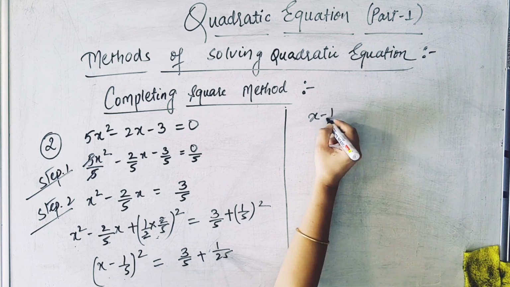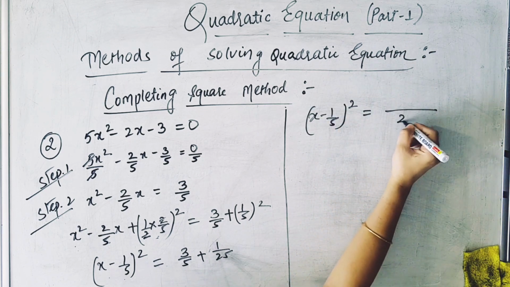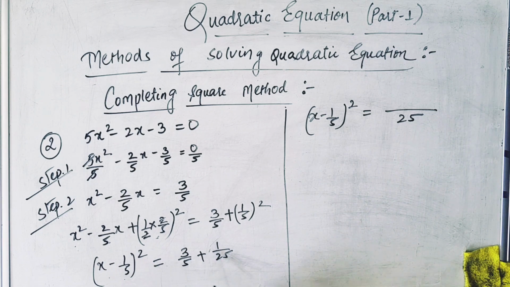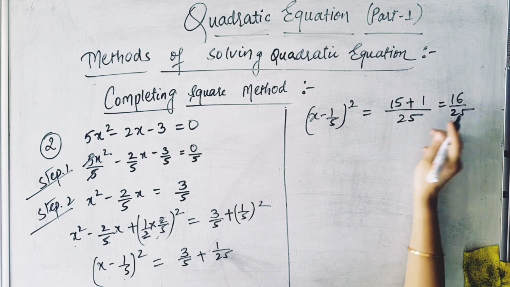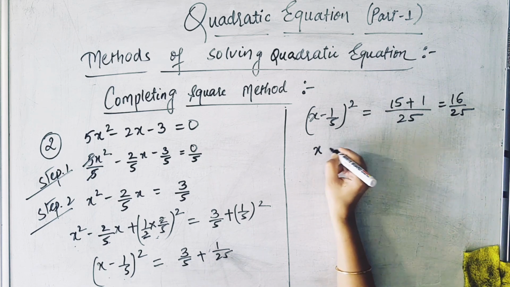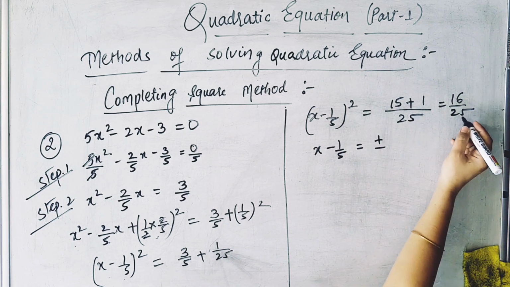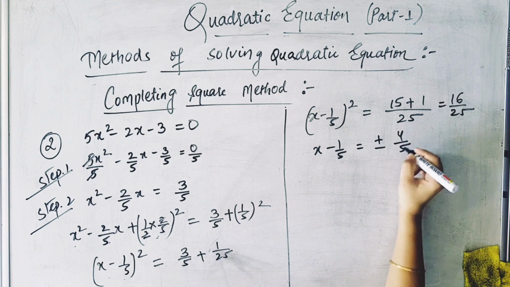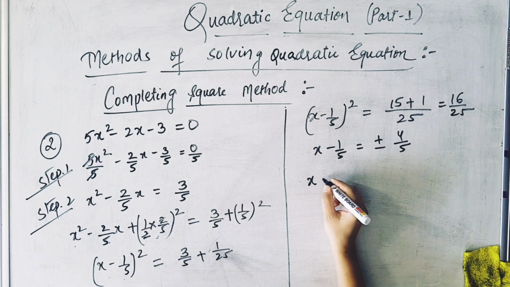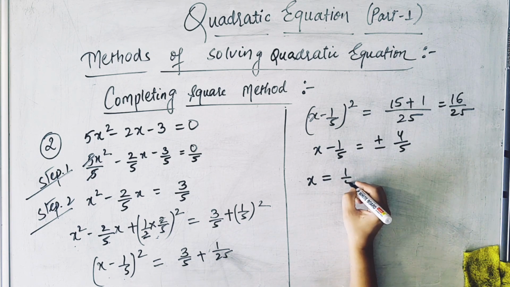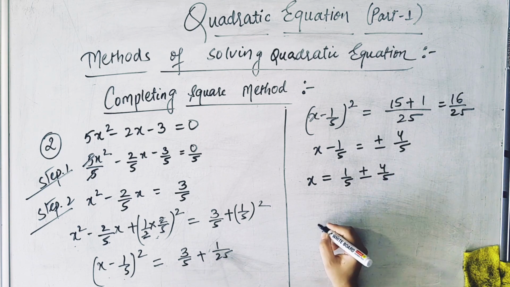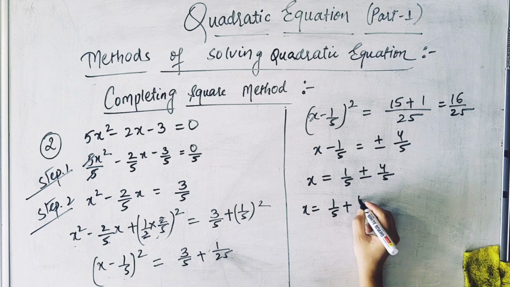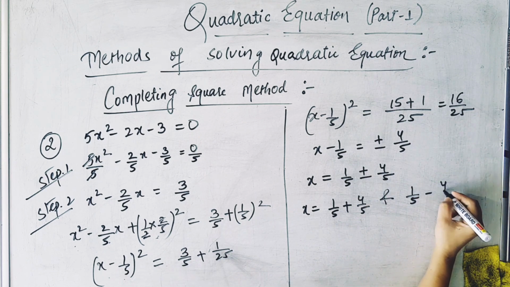So here we have x minus 1/5 whole square, and taking the LCM it is 25. 5 into 5 is 25, 5 3s are 15, so we'll get 16/25. Removing the square, the square root comes here, so x minus 1/5 is plus minus square root of 16/25, which is 4/5. I told you, once we solve with the plus sign and once with minus. The minus shifts over there as plus 1/5 plus minus 4/5, so x will be 1/5 plus 4/5 and 1/5 minus 4/5.